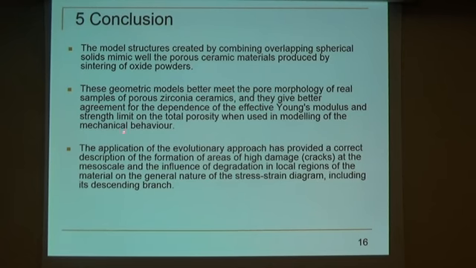And they give better agreement for the dependence of effective Young modulus and strength limit on the total porosity. And the application of the evolutionary approach, which I am not talking about today, has provided a correct description of the formation of areas of high damage or cracks at the mesoscale and the influence of degradation of local regions of the material on the general nature of the stress-strain curve, including its descending branch.